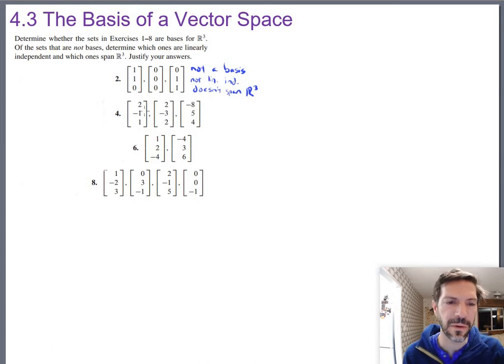Let's take a look at number 4. It is also three-dimensional vectors, and there's not an obvious linear dependence here. Maybe there is, I just can't see it right away, unlike the 0, 0, 0. So probably the easiest way to check on number 4 is to row reduce and see if I've got 3 pivots or not.